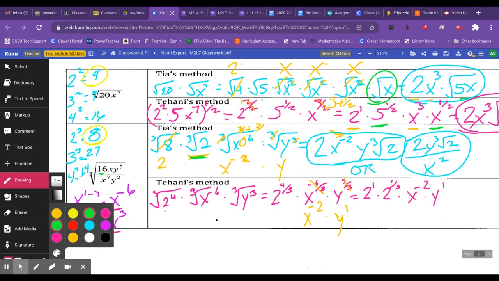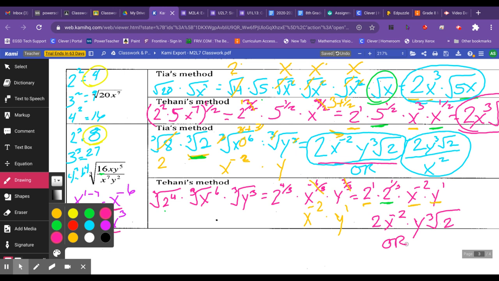I want to note that I have one fraction still in there, and the rest of these have whole number exponents. So all of my whole number exponents will go in front. 2 times x to the negative 2 times y. And then I want my cubed root of 2 to stay by itself. So here we ended up with the same thing we had up here.